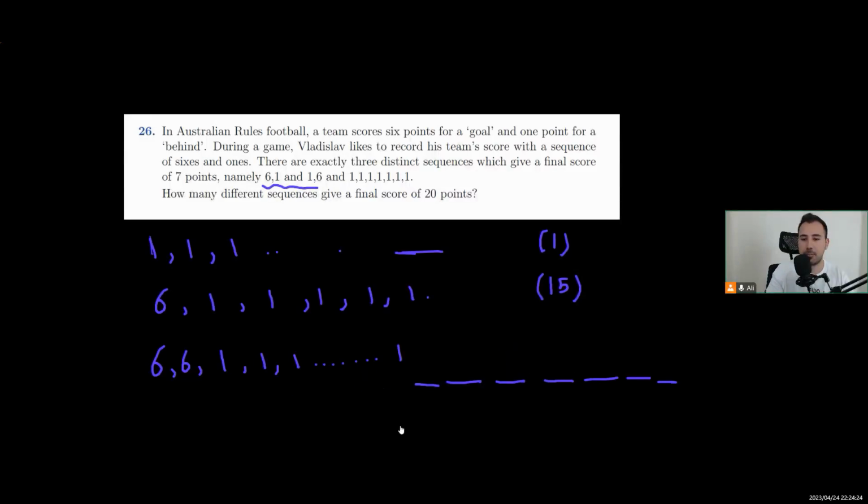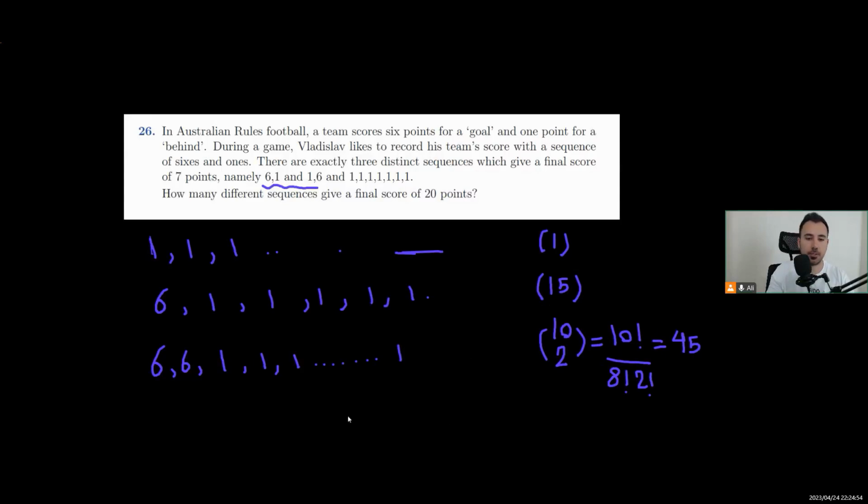This would be a combination of 10 and 2. So we're going to have 10 factorial divided by 8 factorial and 2 factorial here, which would be 10 times 9 divided by 2, 45.